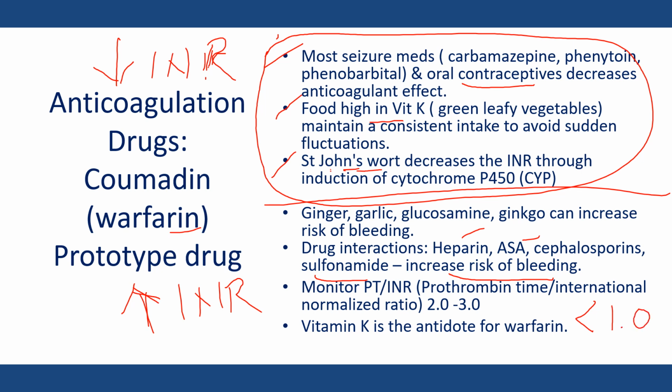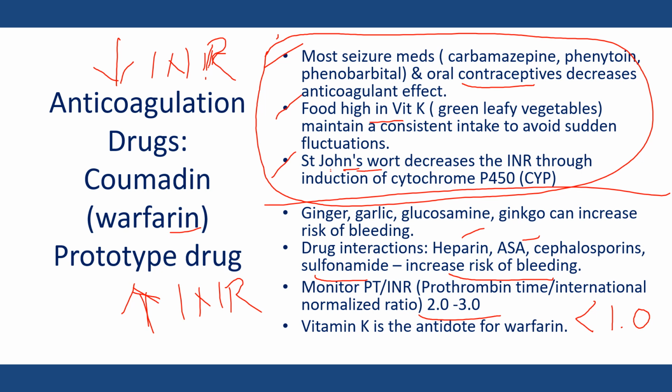If you have a client who's on warfarin, we expect their INR to be greater than 1.0, right? Because they are on medication, right? So normal range for that patient is usually 2.0 to 3.0, so 2 to 3, right?